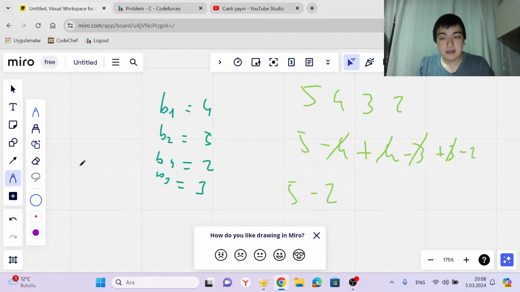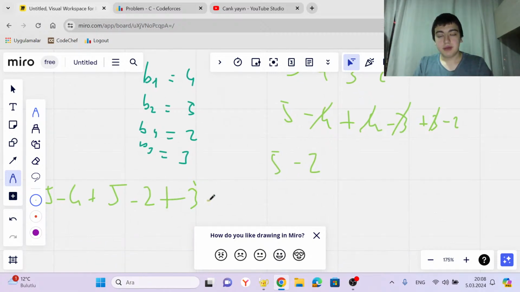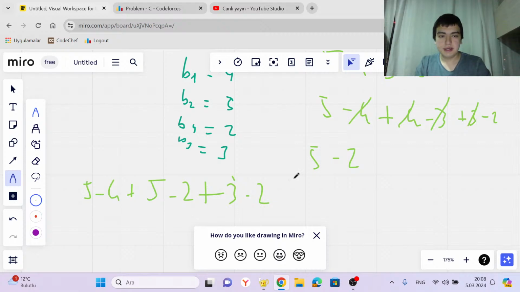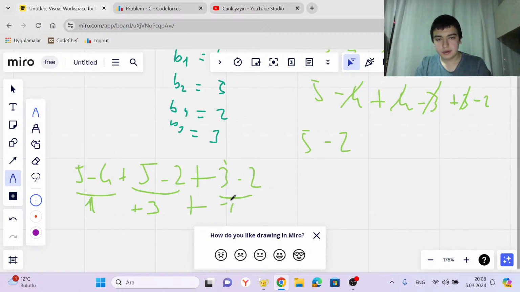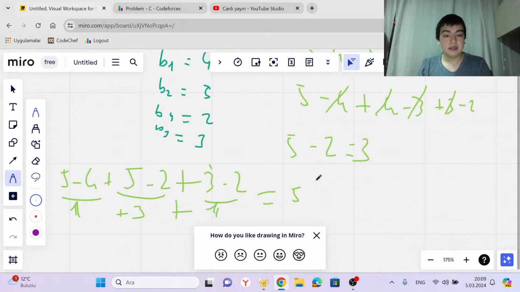But in the other case, we will spend 5 minus 4 plus 5 minus 2 plus 3 minus 2. That means 1 minute from here, 3 minutes from here, and 1 minute from here. We can do it with 3 minutes, but if we order the numbers like this, we need to spend 5 minutes. So ordering like this is better.